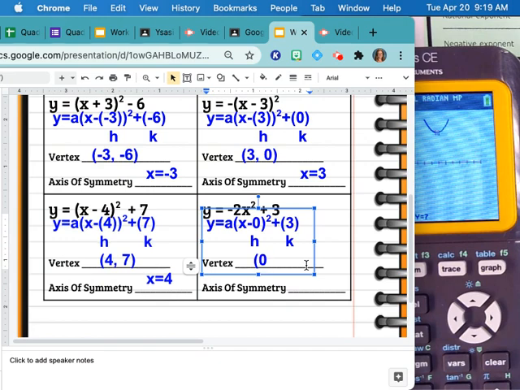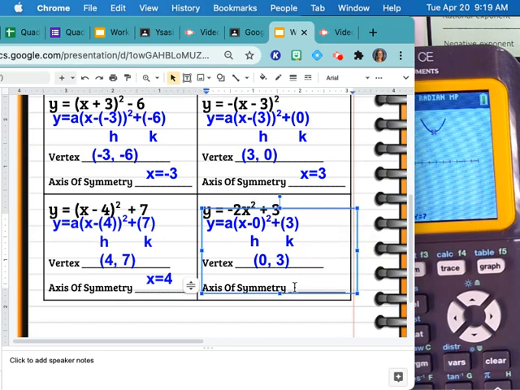So the vertex would be 0, 3. And our axis of symmetry, what would that be? Yep, x equals 0.